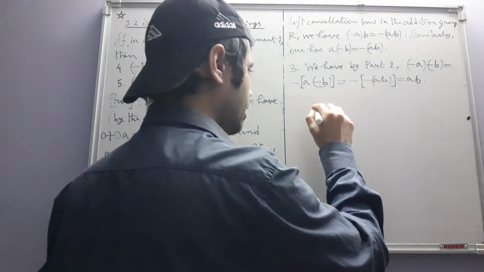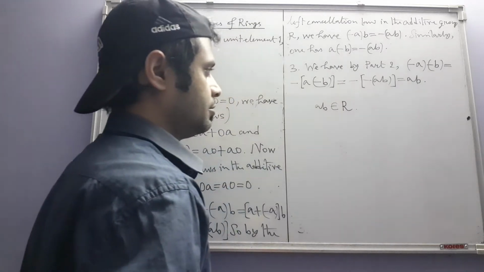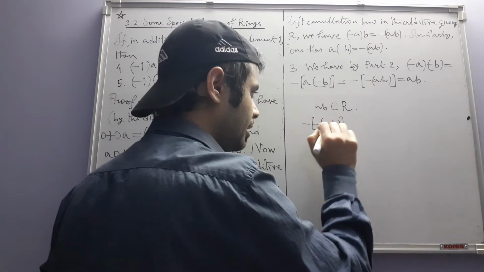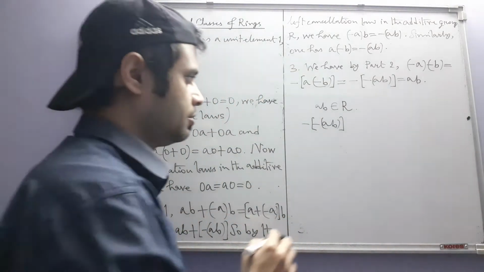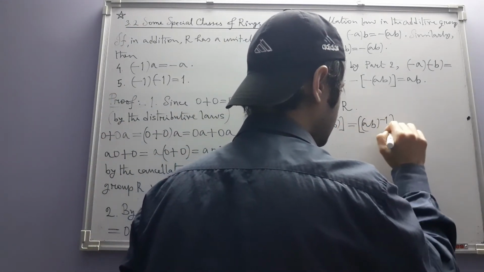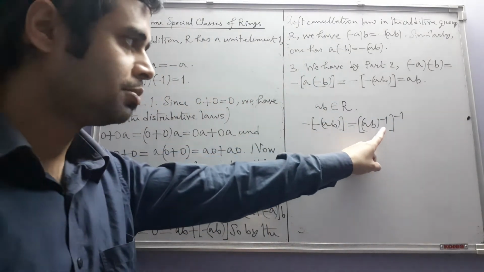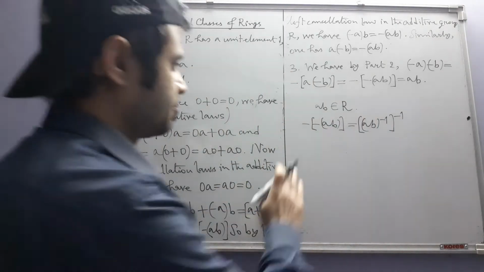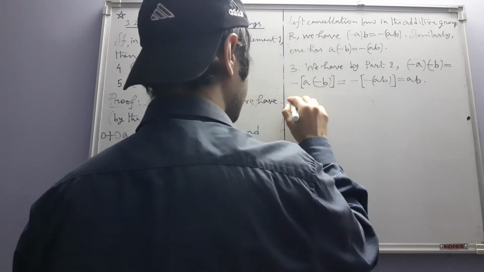It's because AB is an element in the additive group R, and this minus AB in that additive group, in the notation of general group theory, is nothing but AB inverse. And from the group theoretic result, we already know that the inverse of the inverse is AB. So that's how we get AB. So this gives us part 3.